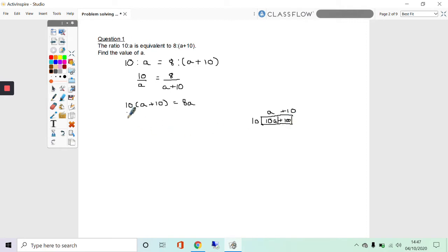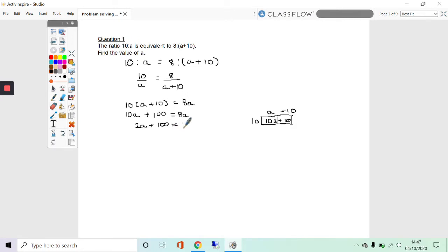So I'm going to get 10A plus 100 equals 8A. Now I'm going to take my 8A over to the left and subtract it. So that's going to leave me with 2A plus 100 equals 0.